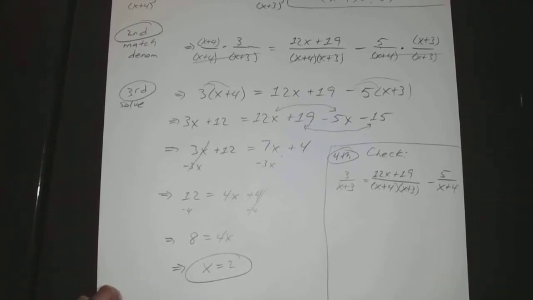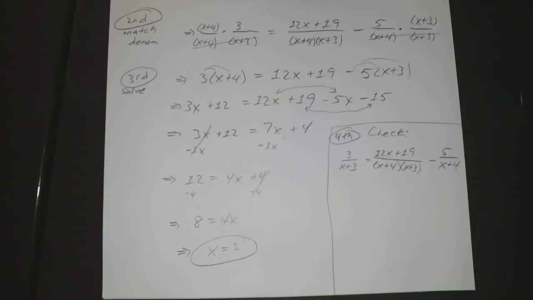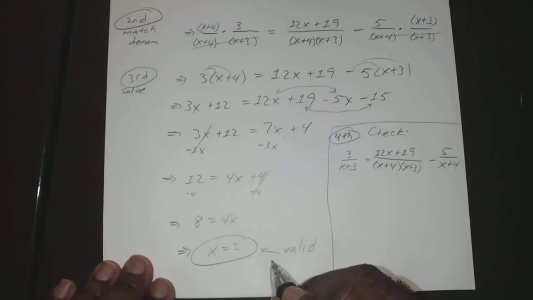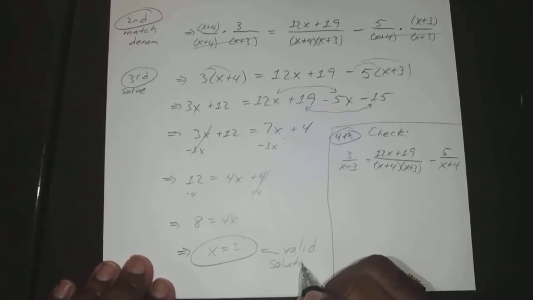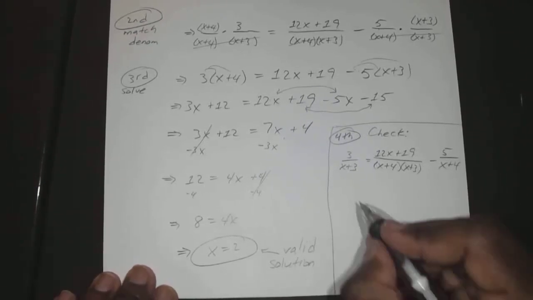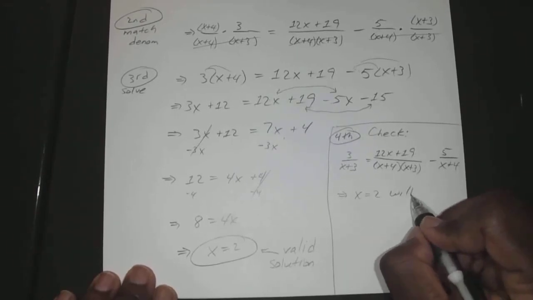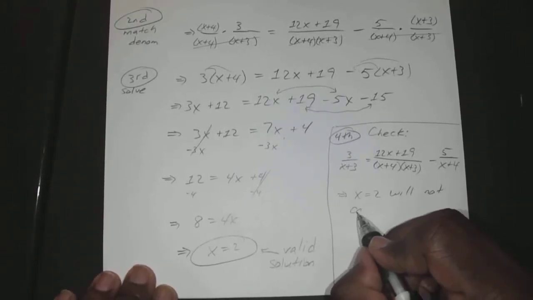So plugging in x equals 2 will be okay. None of those denominators turn to 0. Okay, so this is actually a valid solution. And that's because x equals 2 will not cause any denominators to equal 0.